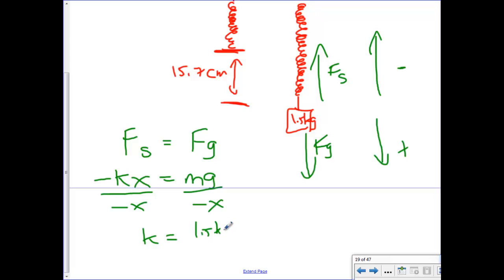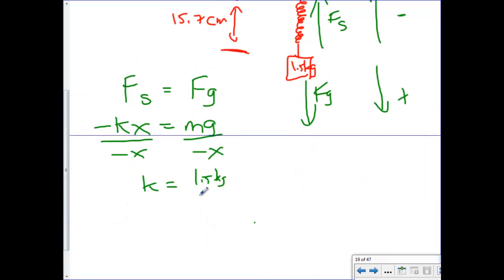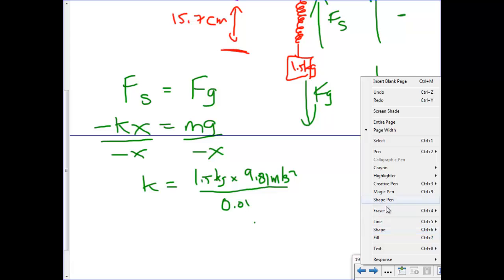Mass will be 1.5 kilograms. Gravity, normally I'd go with negative 9.81. But I said that was in the positive direction, didn't I? So let's go with just 9.81, I guess. And then the distance the spring was going to travel was 15.7 centimeters, so 0.157 meters.